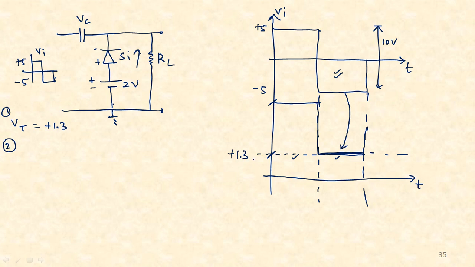So how much should I add to 1.3 volts, students? 10 volts. Yes, I need to add 10 volts. So 1.3 plus 10 volts will be 11.3 volts. As simple as that. The center point, I just need to add 5 to it, so it will be 6.3 volts. But the important voltage levels are the maximum positive and the maximum negative peak.